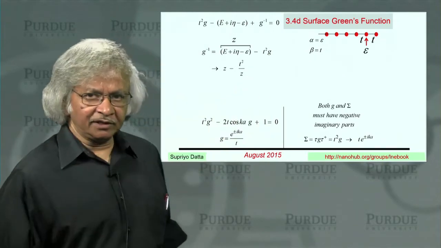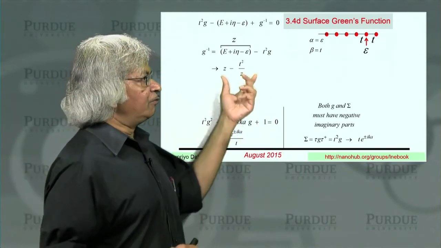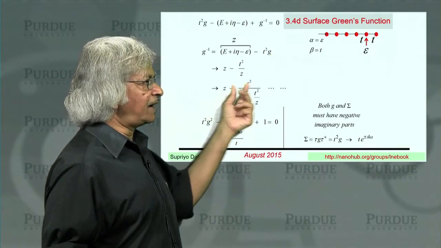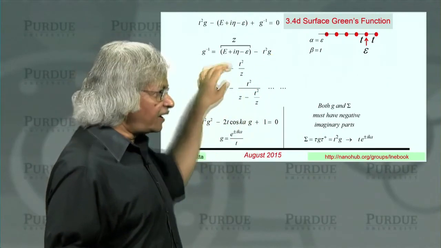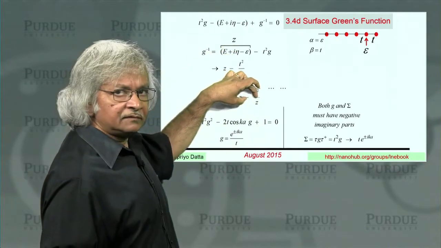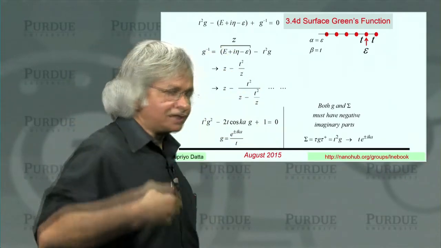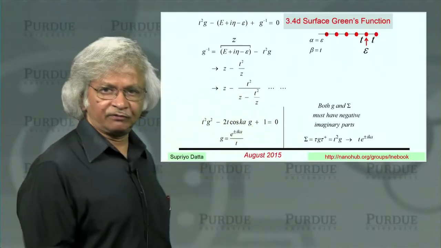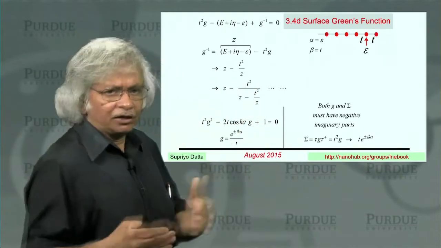Now the next step in the iteration is where you'd say, no, we use this for G. In which case you'd get Z minus t squared divided by that answer. And now you can go on. Next iteration, you'd have additional terms like this, continued fraction essentially. But this you can do on a computer.